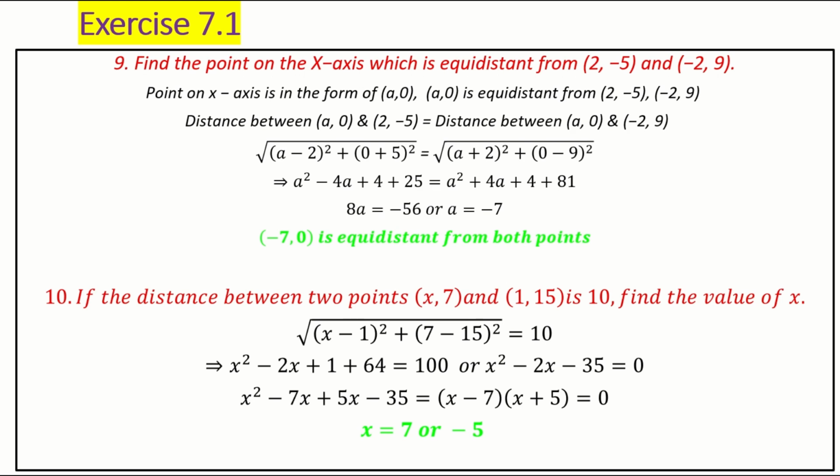If I put these 2 points, (7, 7) and (minus 5, 7), it is parallel to the x-axis, correct? So these 2 points are on the same line parallel to the x-axis. These are the 2 points which are equidistant from this point.